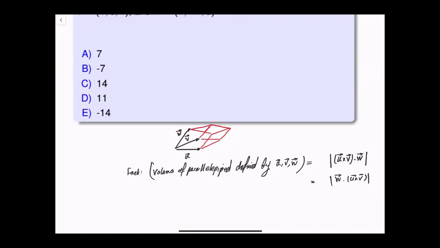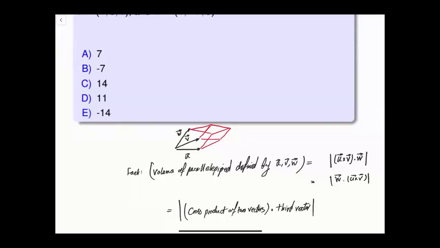There is no U, V, W given, like, okay, this is U, this is V. The formula works this way: cross product of two vectors, this is a vector, and then dot product it with the third vector. And then that is a number, find the absolute value of it.